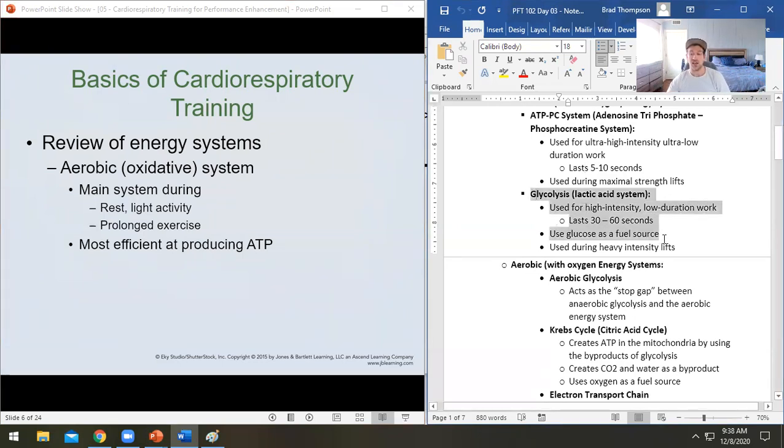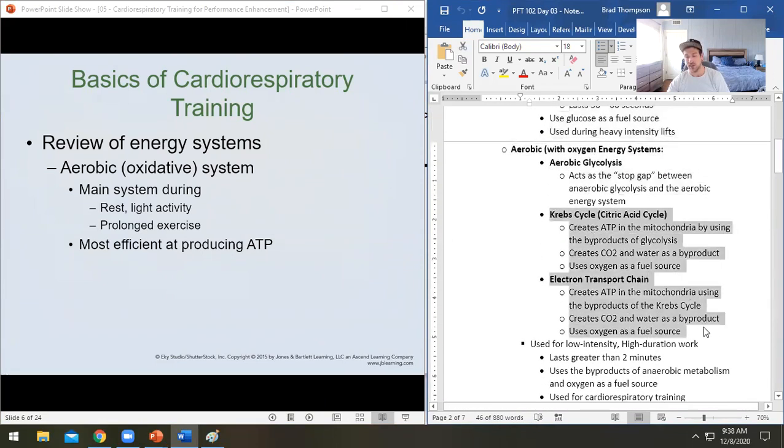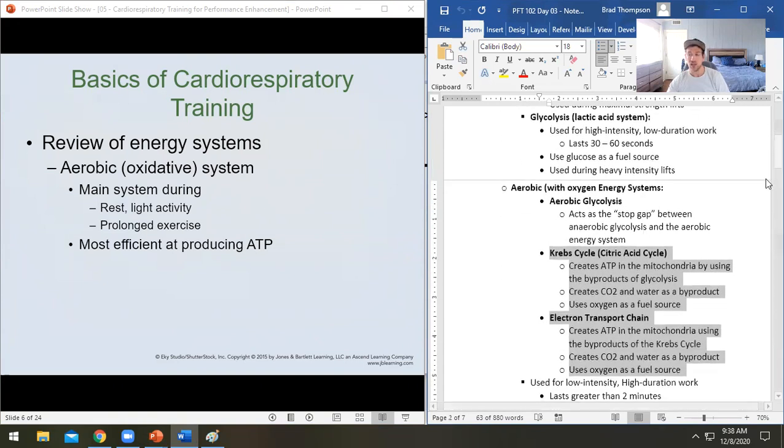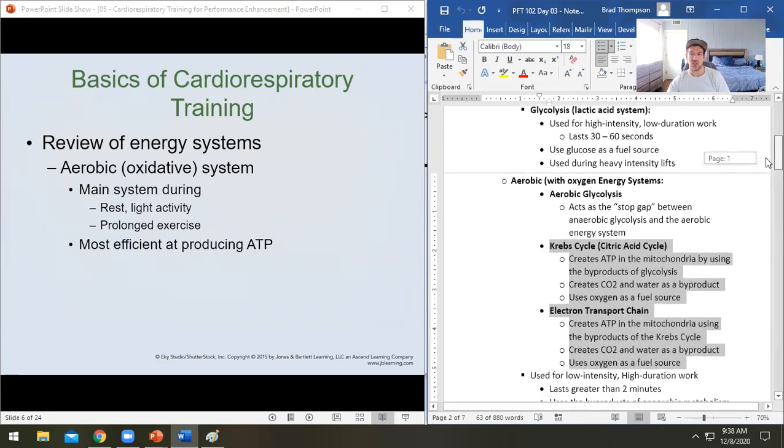And don't forget, glycolysis is always taking place in the background underneath all of these cycles. At all times, glycolysis is still occurring, just in the background. So now we're producing ATP on the go, but we're also producing a bunch of lactic acid. That lactic acid, acting as a byproduct, is going to go through the Krebs cycle.